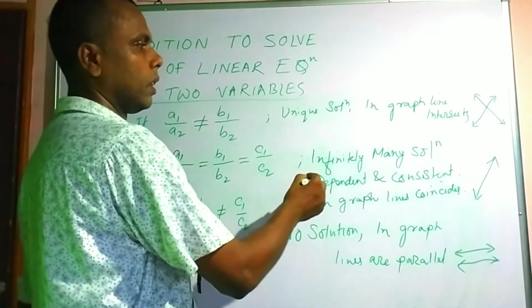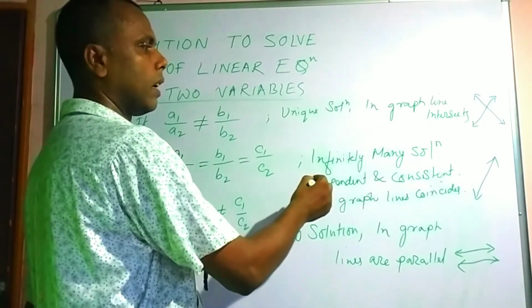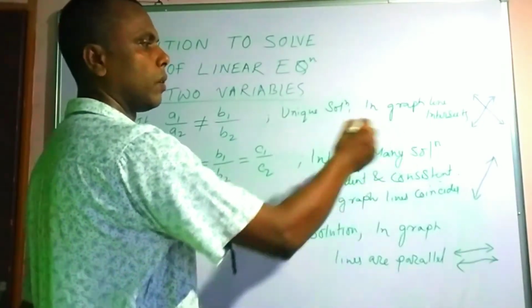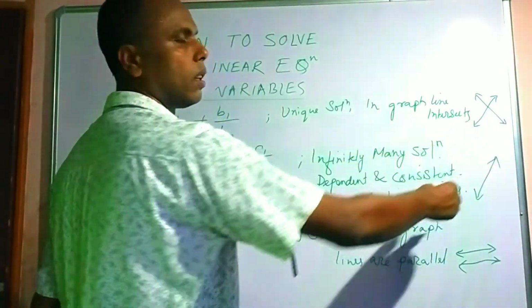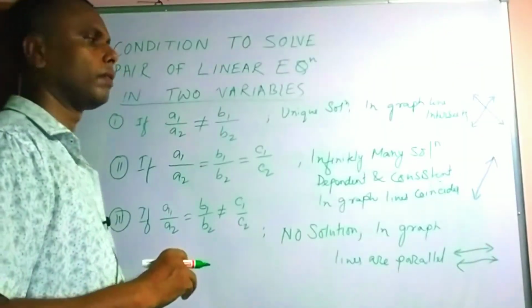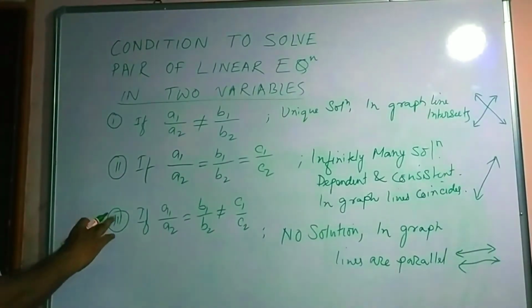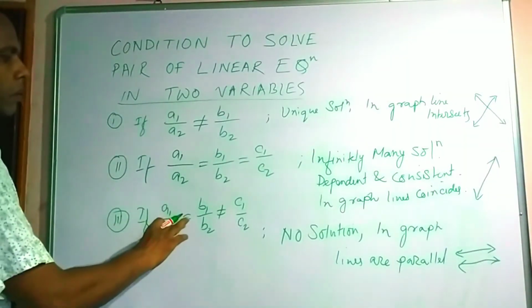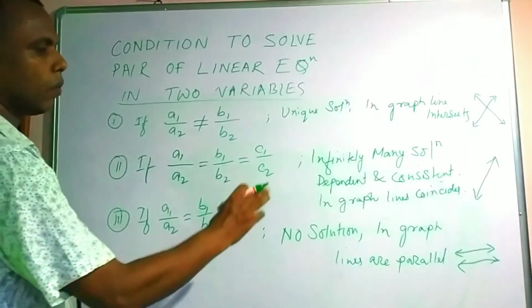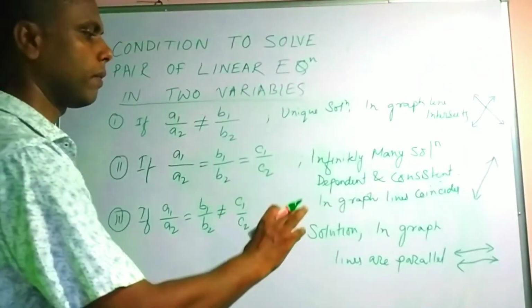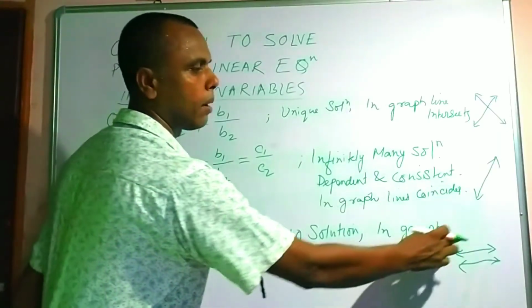Then the value of x and y are dependent and consistent. In graph, the lines coincide. It overlaps one another. Third case, if a1 by a2 equal to b1 by b2 not equal to c1 by c2, then we have no solution. In graph, the lines are parallel.